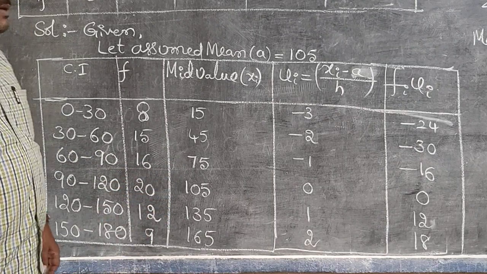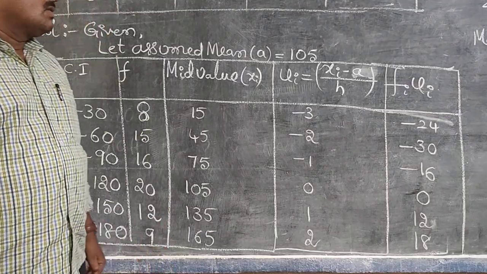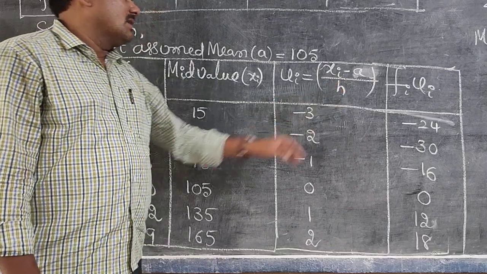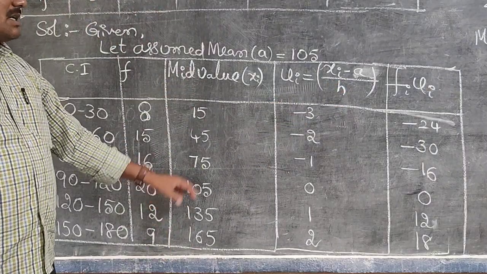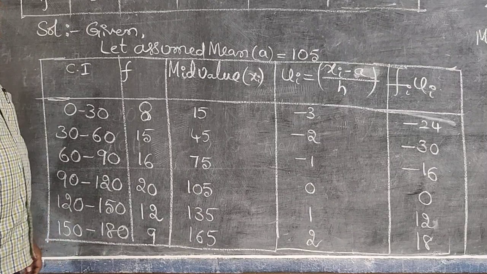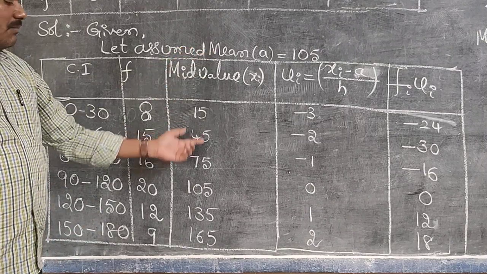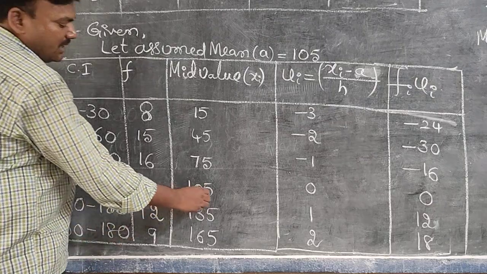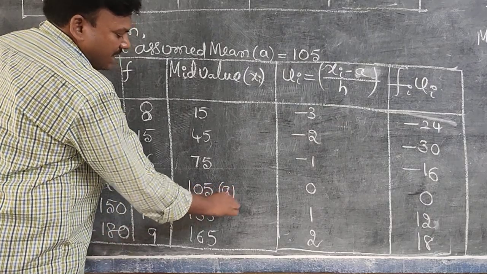Next, ui means unitary values. The formula is ui equals xi minus a by h. Among the mid values, let me consider an assumed mean a. Generally the assumed mean is taken at the middle of the mid values, so I take 105 as a.